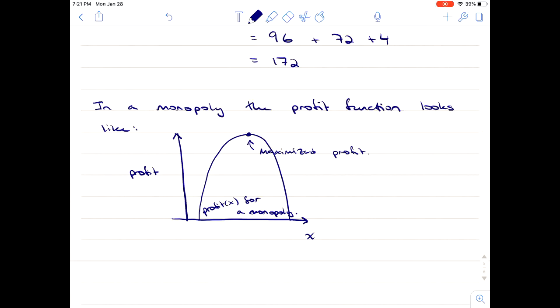And then we can find the value of x that makes that happen, and that's where I've maximized my profit. So it all stems back to here. The slope of the tangent line is 0.